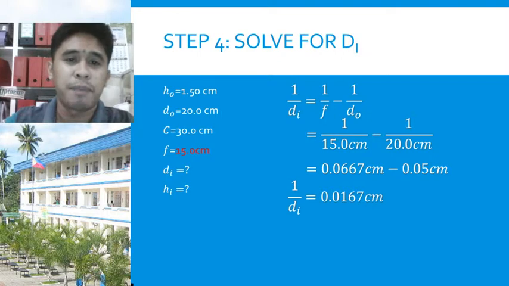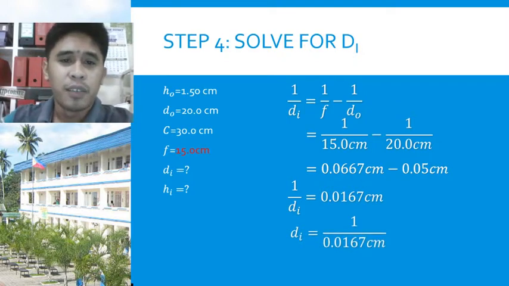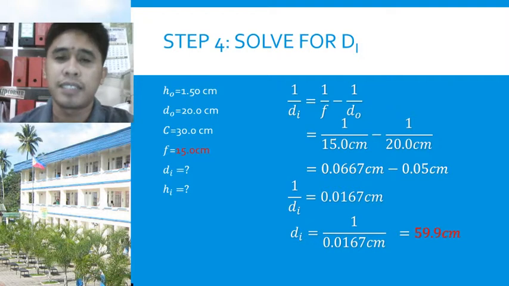Finally, we swap places of d sub I and 0.0167 and divide 1 by it to get the final answer, which is 59.9 centimeters, or roughly 60.0 centimeters.